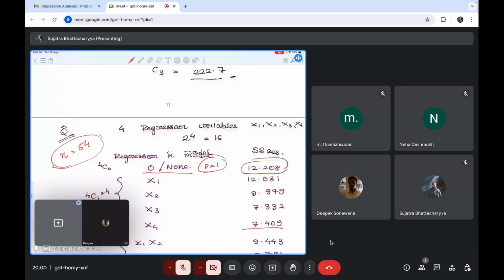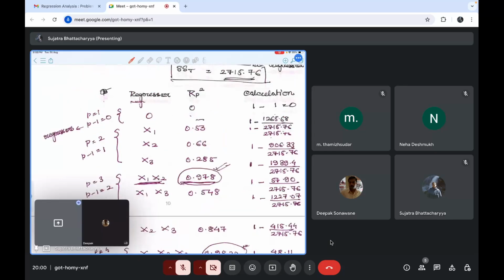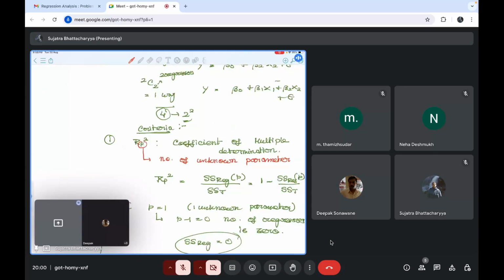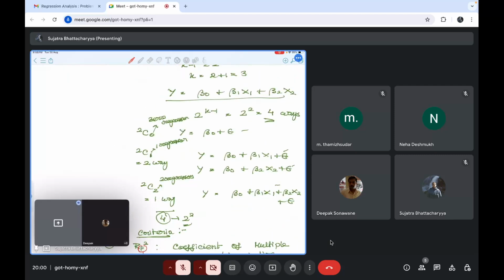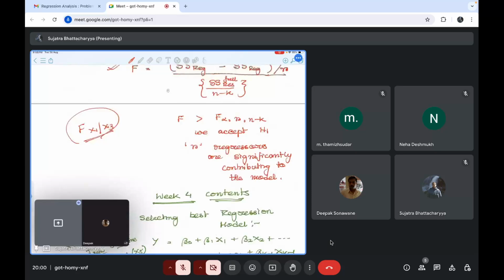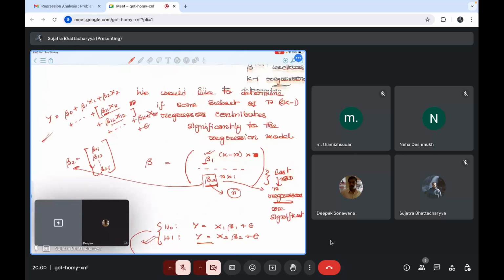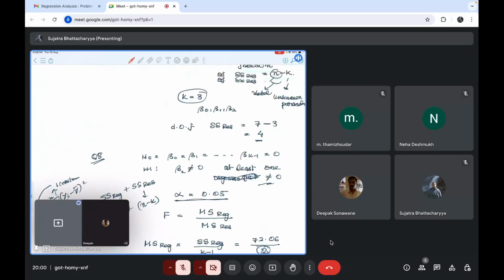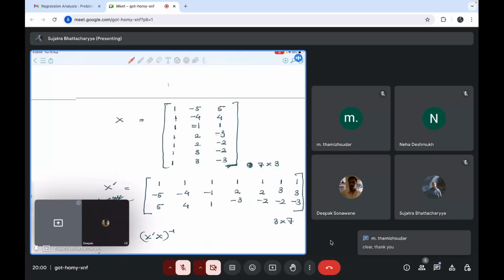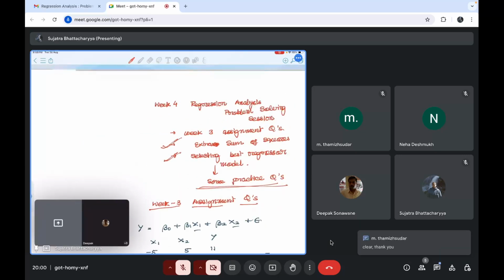These notes I will share quickly. So we have done two questions for practice based on selection of the best regressor model and some basic criteria for that, and we have discussed the week 3 assignments. That's all.